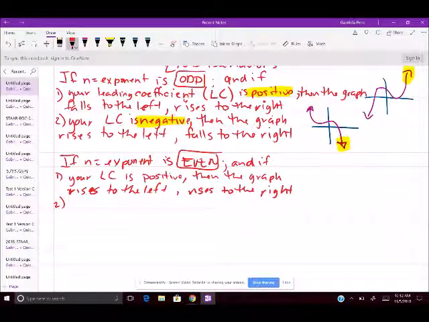So if your leading coefficient is positive, then the graph rises to the left and rises to the right.